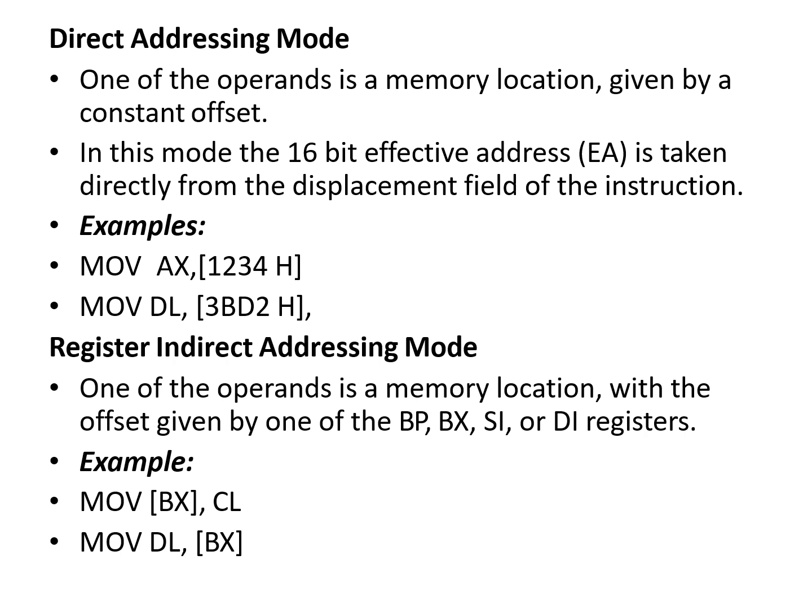Direct addressing mode: the memory location is specified in the instruction. That is, the memory location is given by a constant offset, which is specified in the instruction enclosed in square brackets. An easy way to remember direct addressing mode: without square brackets, we consider it immediate addressing mode.